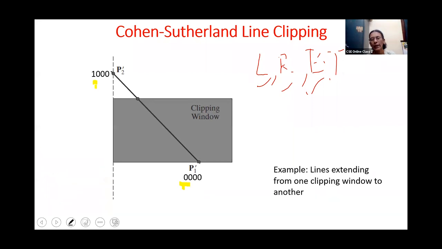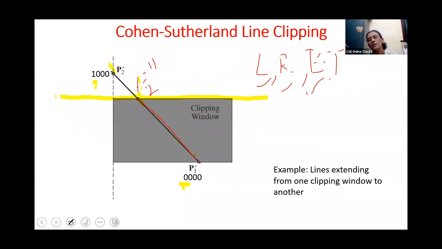That means P1 dash is not above the top boundary, whereas P2 dash is above it. So we find the point of intersection between P1 dash P2 dash and the top boundary. Say it is P2 double dash. We consider the line only from P1 dash to P2 double dash.